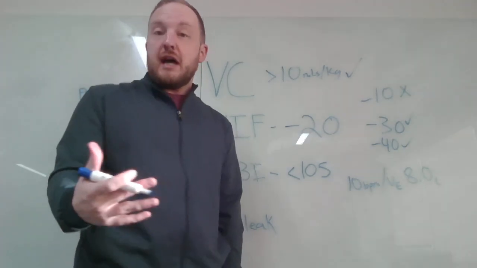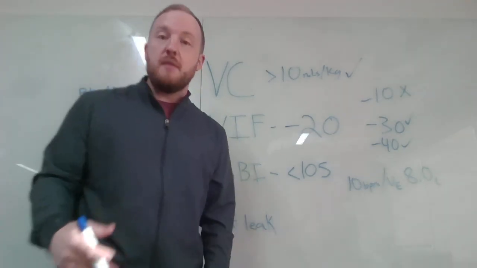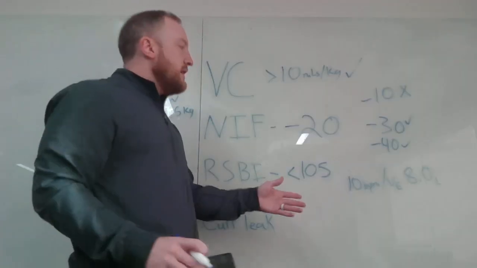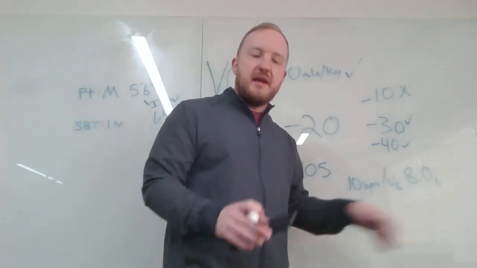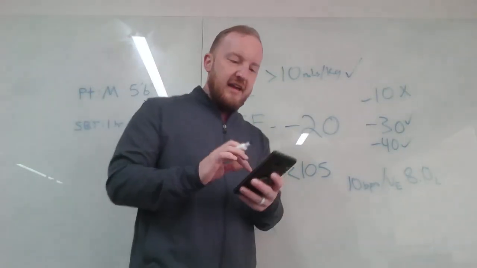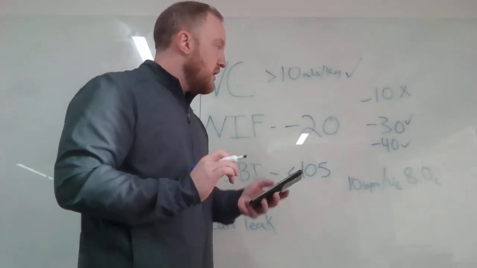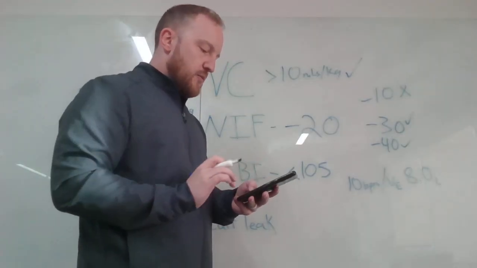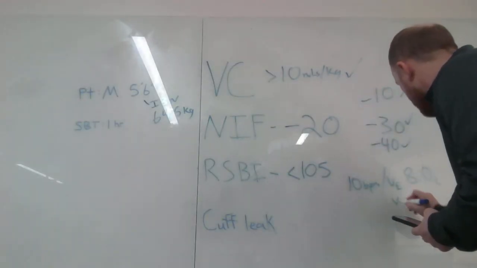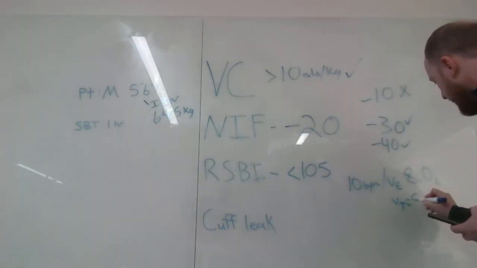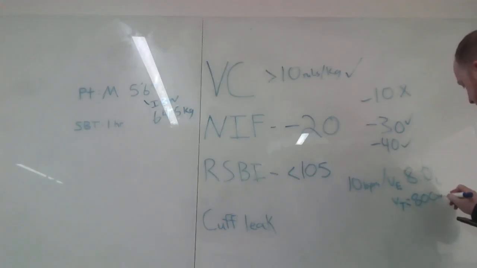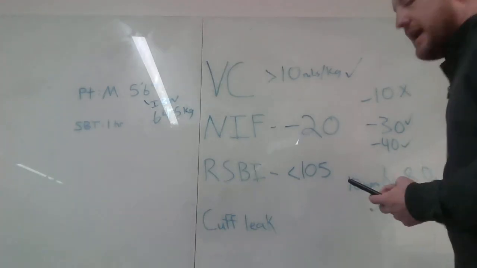They might actually give you a tidal volume, so then we're going to skip a step. But in this case, we need to figure out what tidal volume this patient is breathing. So let me pull up my calculator. If we're at 8 liters, and we're breathing 10 times a minute, that's going to give us a tidal volume of 800 mLs. Okay, so let's remember that 800 mL.